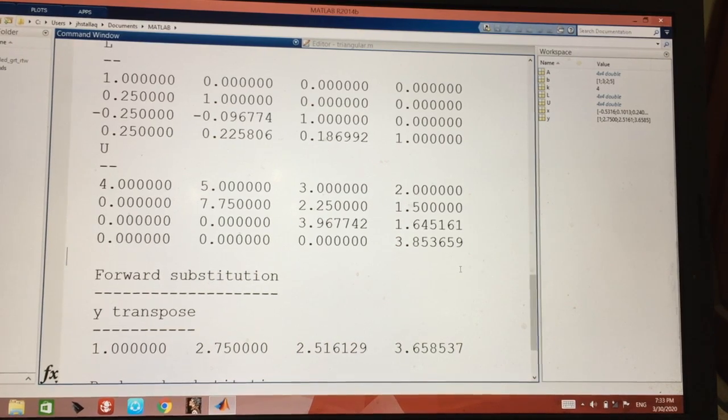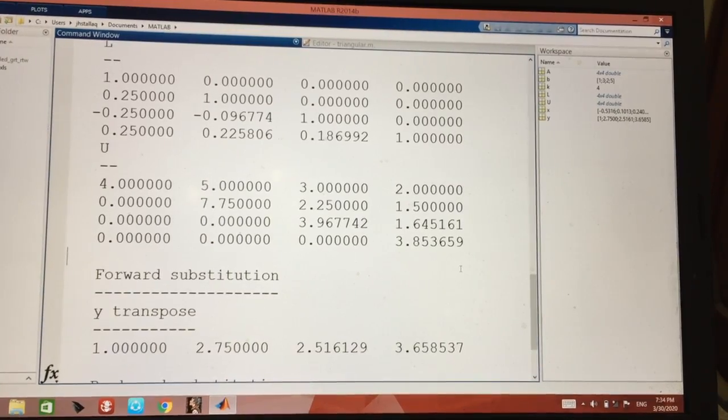So L times y equal b. Now L, it means this 1, 1, 1, 1 with 0 above, times y1, y2, y3, y4, equal to b, which is b1, b2, b3, and b4.